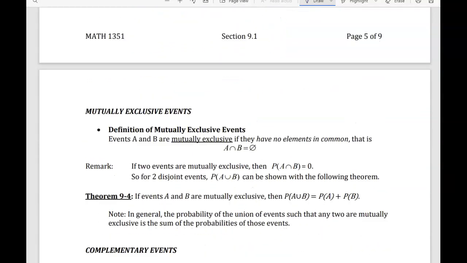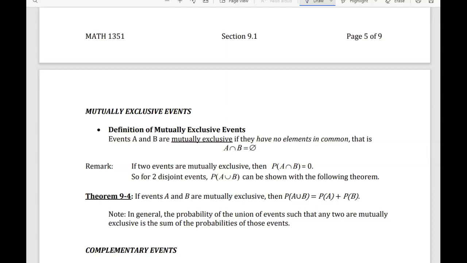What we're looking at are things that are mutually exclusive. They have no events in common. If two events are mutually exclusive, then the intersection is equal to 0. So for two disjoint events, the probability of their union can be shown with the following theorem.